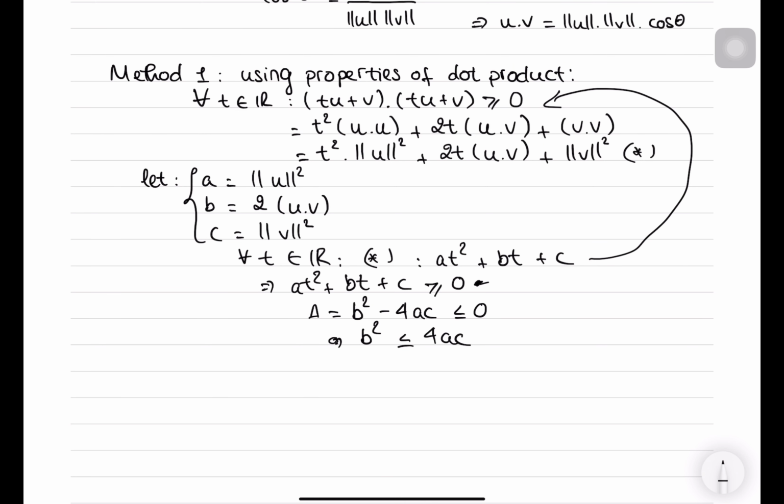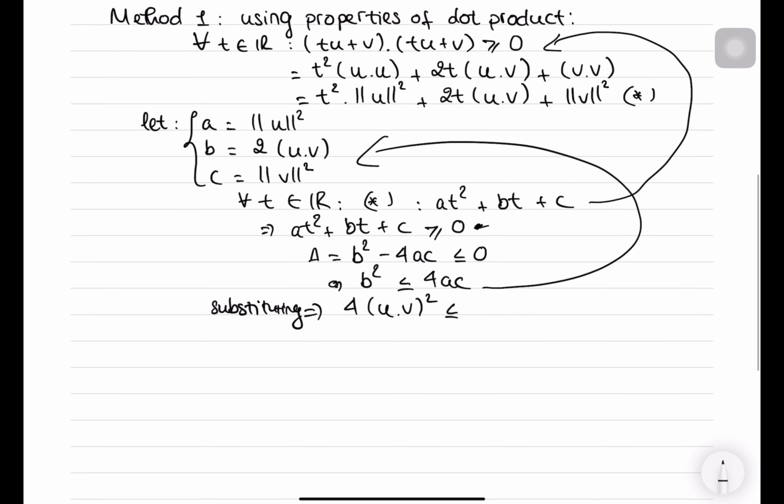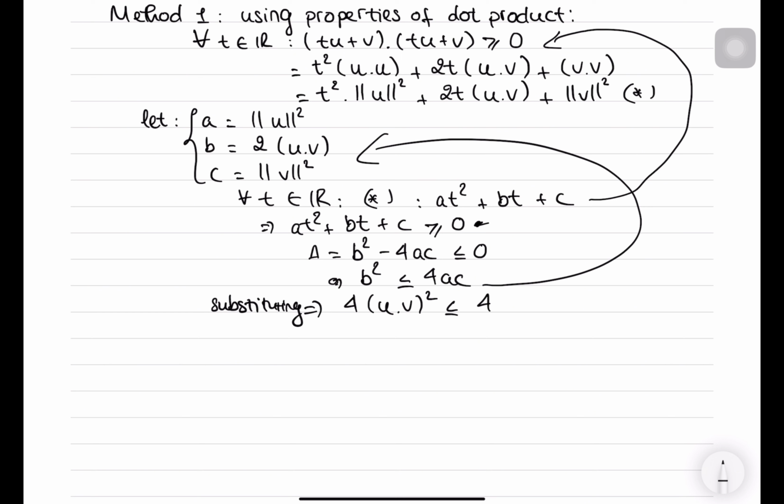And now, we're going to substitute from here. We're going to have 4 uv squared is less or equal to 4 norm of u squared multiply norm of v squared.